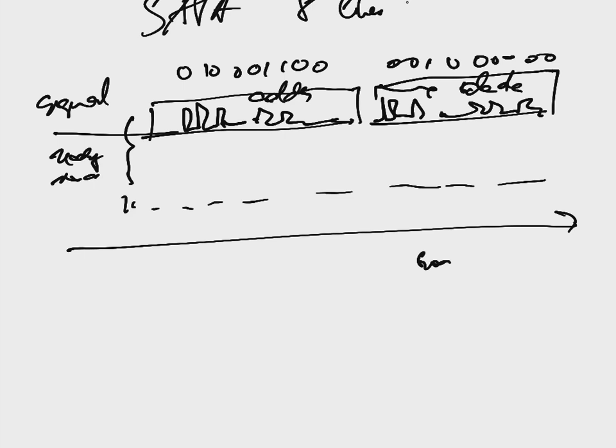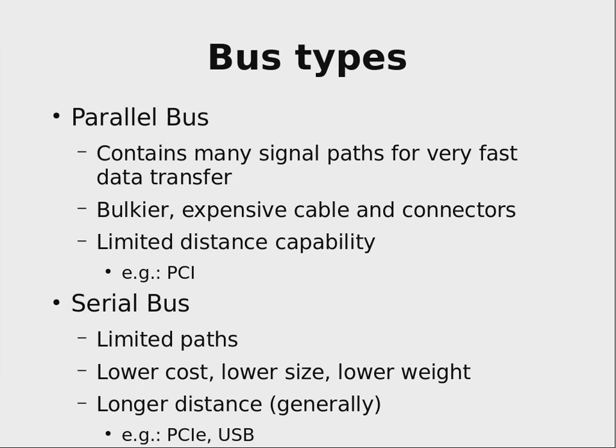What these lines are, I don't remember because I never knew exactly, but it is still considered a serial bus because it doesn't send many bits in parallel, but sends bits in sequence in time, and all these additional lines are just for different kinds of utility purposes.